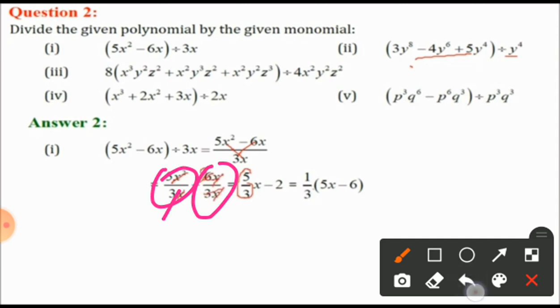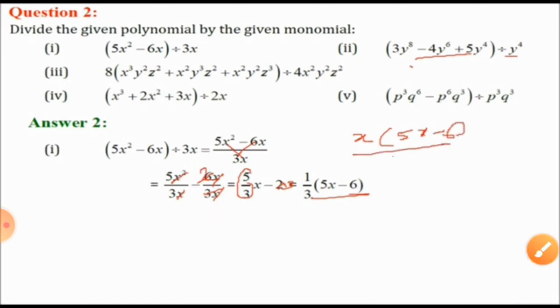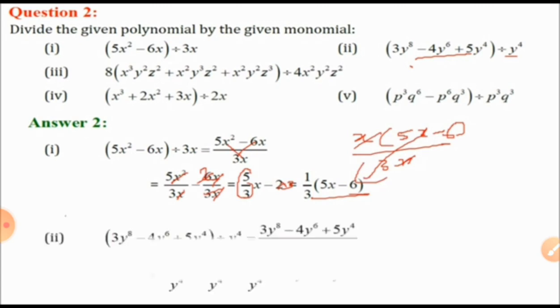So 5 upon 3 x minus 6x upon 3x: 2 threes are 6 and x will cut, so minus 2. Okay, so we can take out 1 by 3 outside, inside 5x minus 6. If you write the previous one, that is also correct. So don't worry whether this answer is right or wrong. If you reach 5 by 3 x minus 2, that is also your final answer.